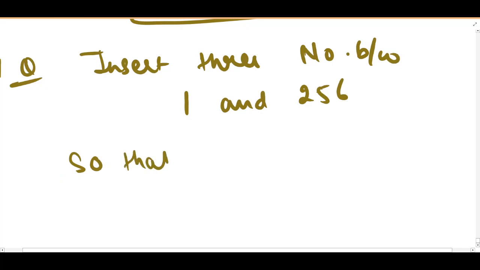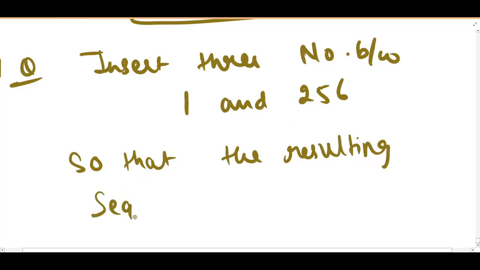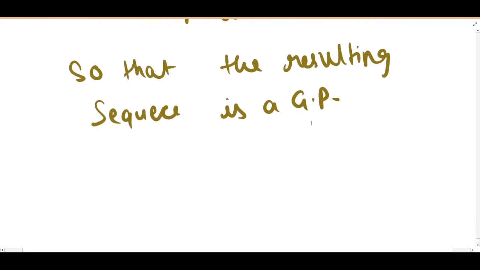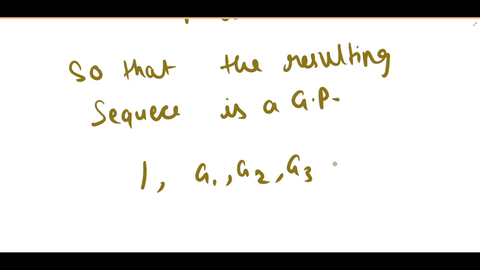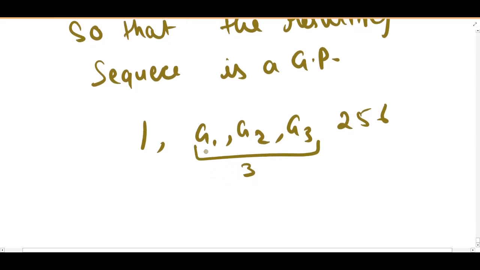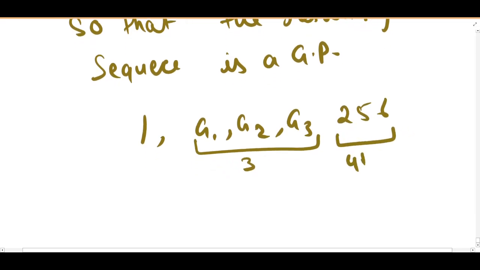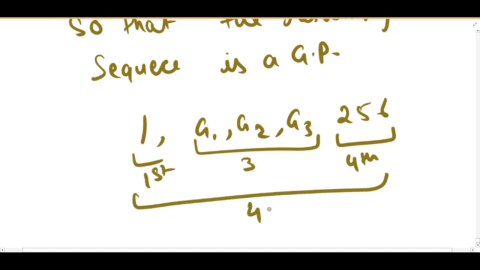So first is 1, G1, G2, G3, and last is 256. So these are a total of 3 inserted terms. So this is the fourth term and this is the first term.